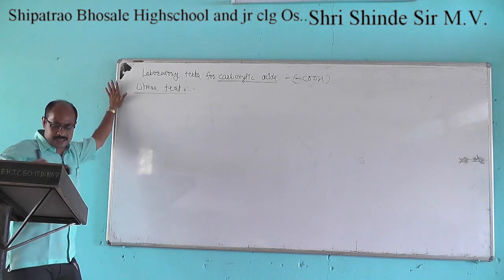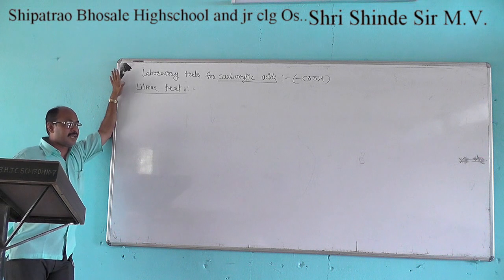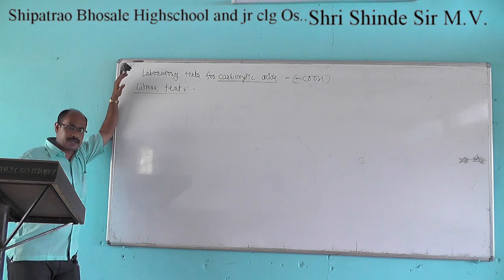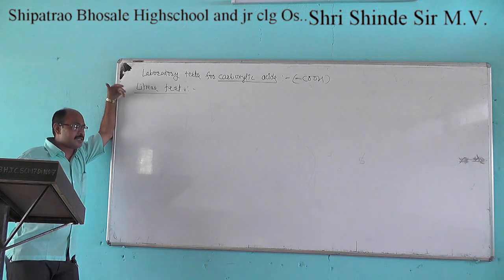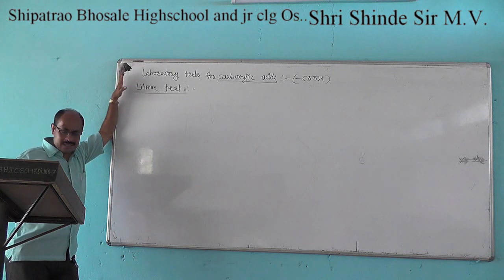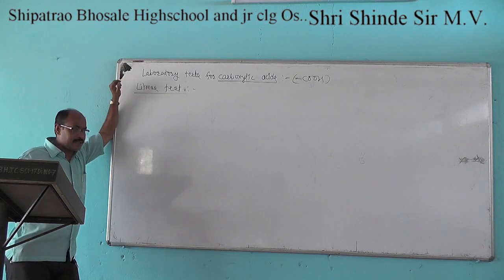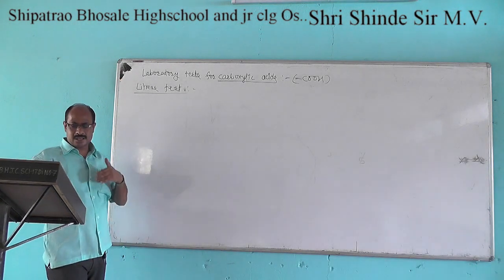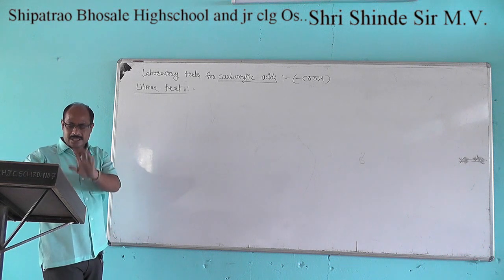This is the test for the acidic functional group. The blue litmus paper turning red indicates the presence of a carboxylic acid, the presence of an acidic group, which is considered the litmus test.